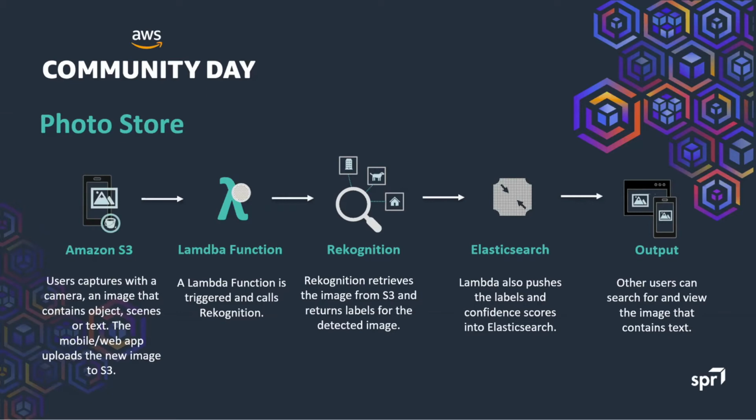The Lambda function will communicate with Rekognition, identify the image, extracting the tags on it, and then it can be stored in a database or an Elasticsearch. So then any other customer, when they come over and try to look it up, they'll be able to find it quickly. So this is one way to do it.